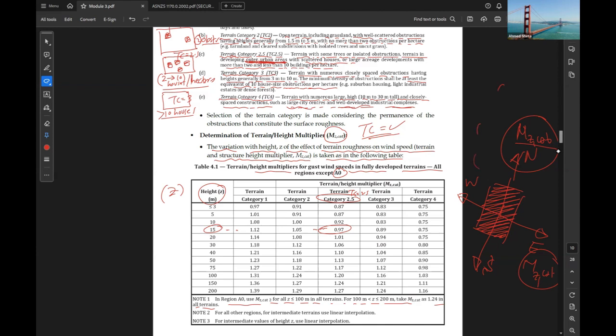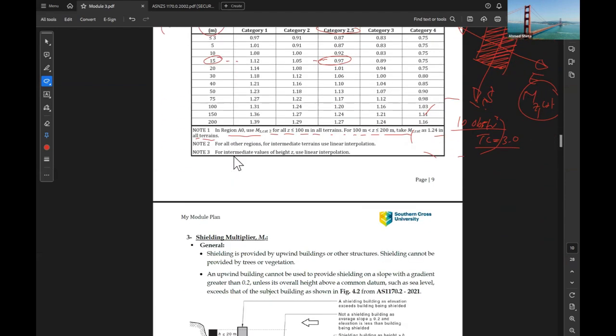For example, if this area has only 2 obstructions, this can be defined as TC equal to 2. If from the south we have 10 obstructions, this can be defined as TC 2.5 or 3, right? So the terrain category can be different in different directions, so that's why you can have different MZCAT for different directions.